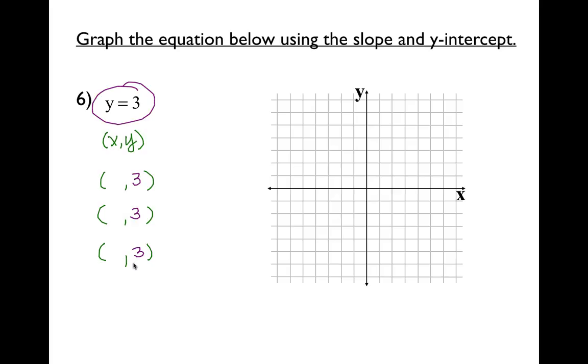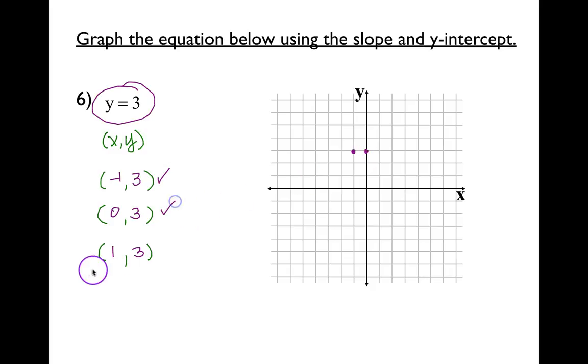So I'm going to put 3 as all of the y coordinates. So what am I going to put for x? Whatever your heart desires. You can pick whatever value you want. I would suggest you pick small numbers. So here I'm just going to pick -1, 0, and 1. So I'm going to plot my points. (-1, 3). Check. (0, 3).